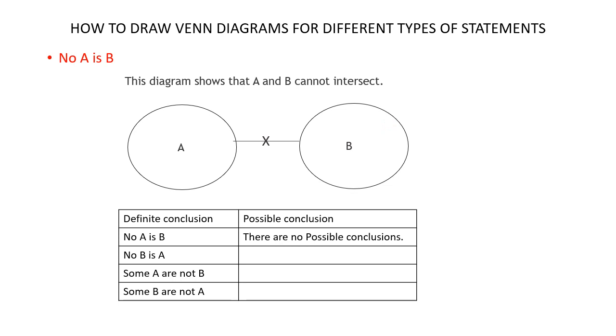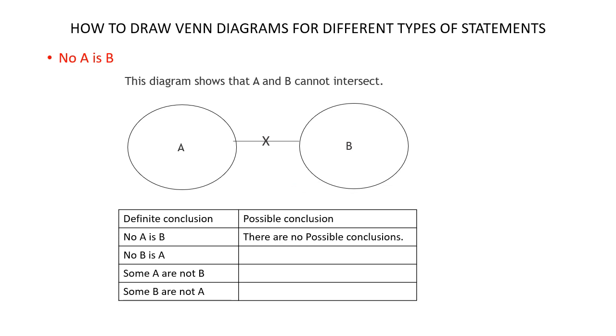Now you can draw a line between the circles A and B and mark a cross to show that circles A and B cannot intersect. They have to be distinct. So whenever you have to draw a Venn diagram for statements like no A is B, this is the Venn diagram that you should be drawing.